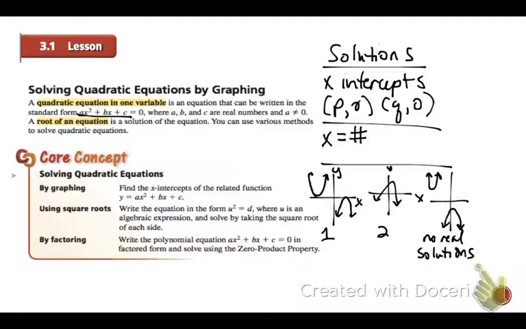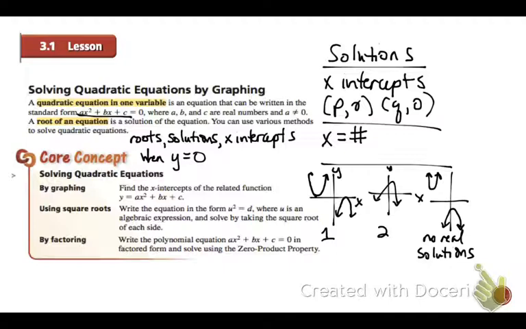Where it crosses the x-axis can also be called the root. So let's just review. When we say the roots of a quadratic, that's the same as the solutions of a quadratic, which is also the same as the x-intercepts. They all tell us what x is doing when our y value is 0.